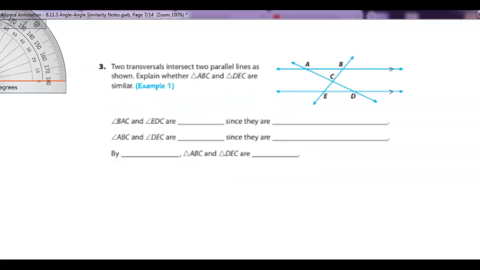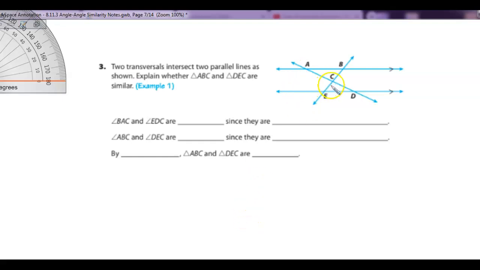All right, let's take a look at number 3. Two transversals intersect two parallel lines as shown, and they create angles or triangle ABC and also CDE. Okay, or DEC, either way you read it. We want to know if they are similar or not.